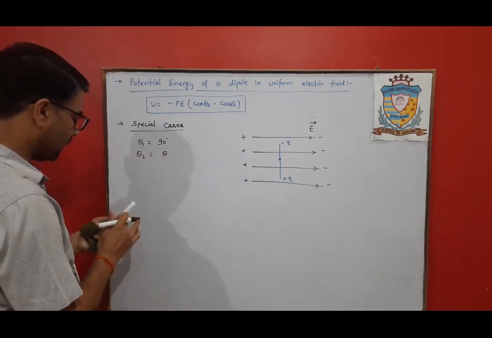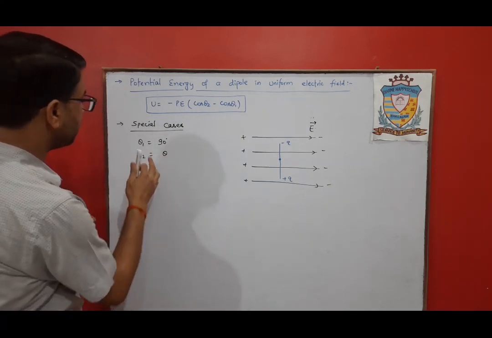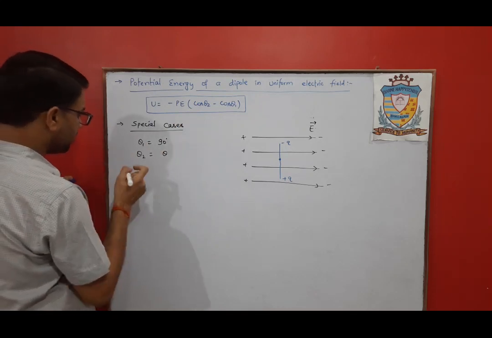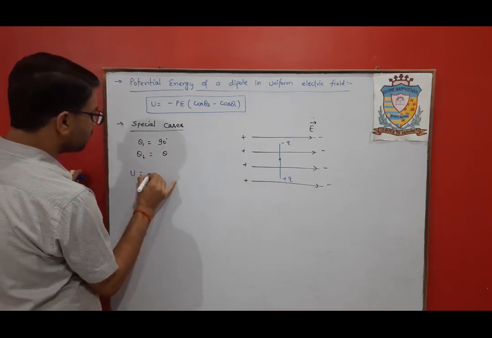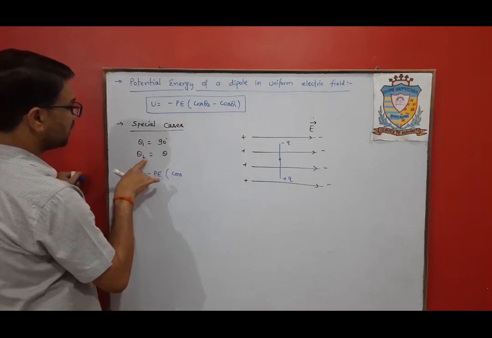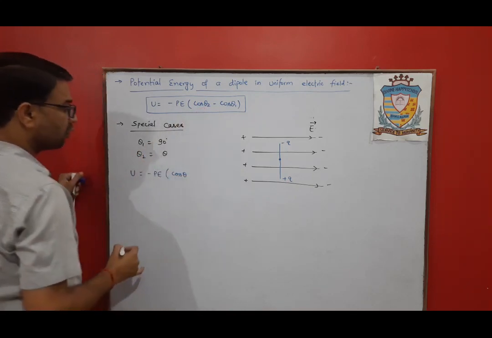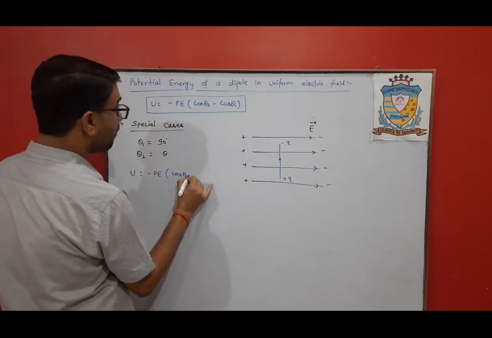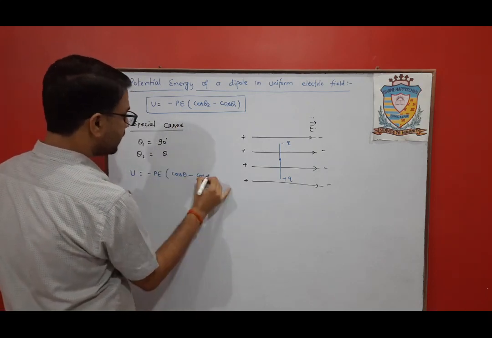In that case, if we put these two values in this equation, u is equal to minus Pe cos theta 2. Theta 2 is theta, so we put the angle theta minus cos 90 degrees.